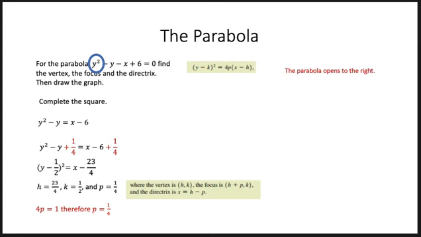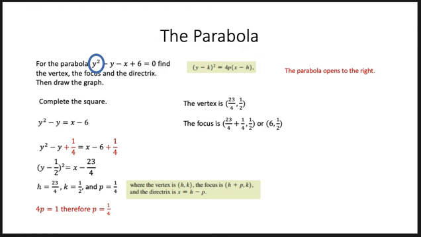Okay, now the vertex. The vertex is h comma k. So it's 23/4, 1/2. The focus. The focus is take the h value and add p. Well, h is 23/4, and 23/4 plus 1/4 is 24/4, which is the same as 6.